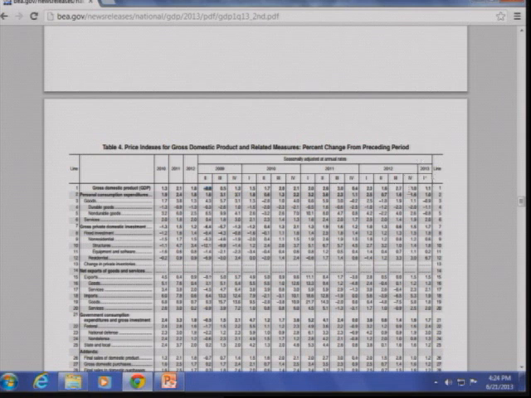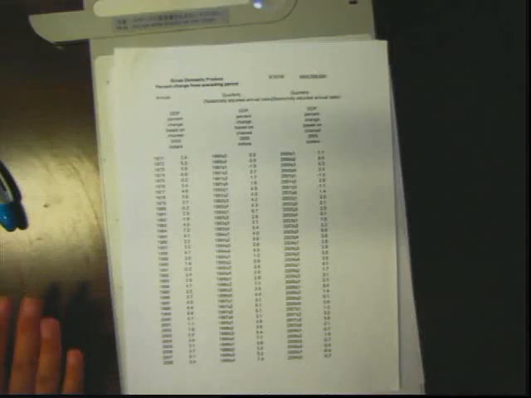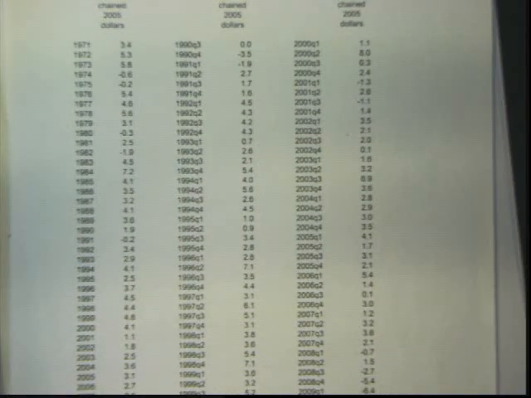Now, these numbers up here only go up until the second quarter of 2009. Let me switch over to the document camera and you can see some earlier figures. Now, the Bureau of Economic Analysis goes through 2 revisions, and then it's the final number that's posted. So you might have noticed that when I was looking on the PDF on the screen before, that's at 0.8.